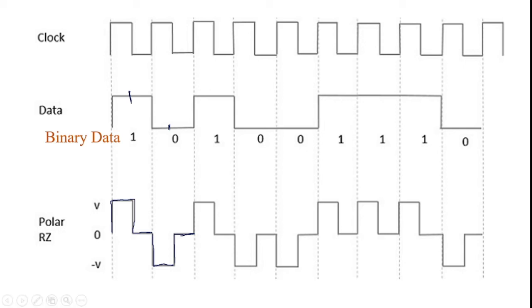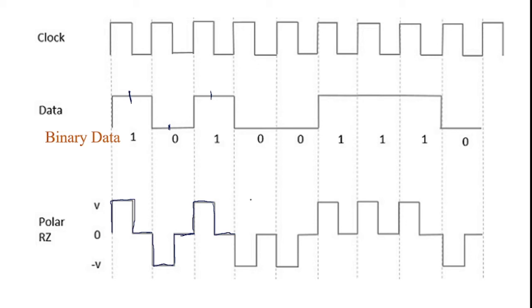So the same concept applies to the remaining binary data. So this is the high in data rate. In high in data, its duration T naught is less than the symbol bit duration, and half of the bit duration remains high, but it immediately returns to zero.